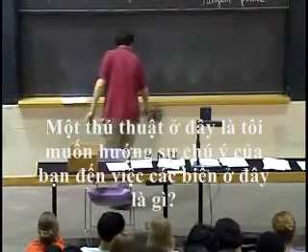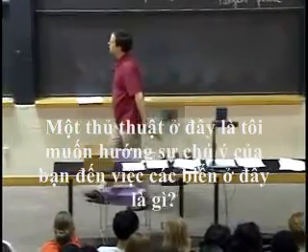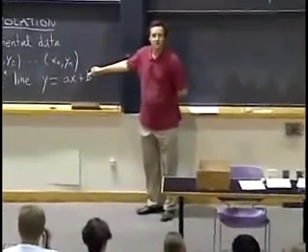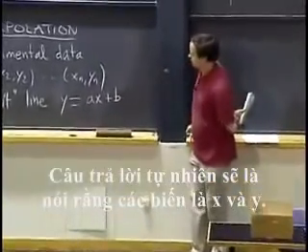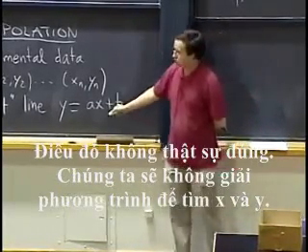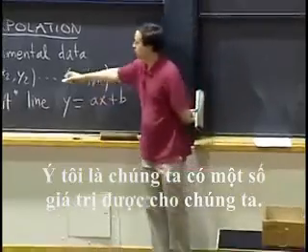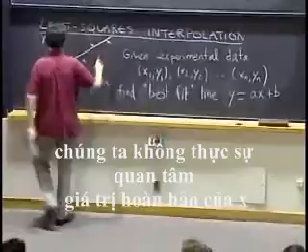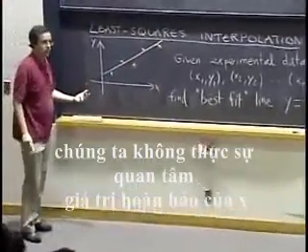One tricky thing here that I want to draw your attention to is what are the unknowns here? So the natural answer would be to say, well, the unknowns are x and y. That's not actually the case. Okay? We are not trying to solve for some x and y. I mean, we have some values given to us, and when we are looking for that line, we don't really care about a particular value of x.